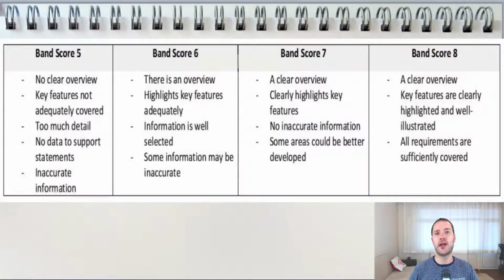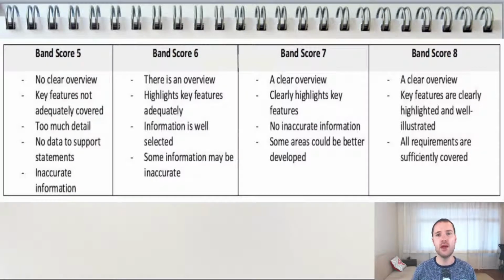So let's take a look at the requirements for each band score in task achievement. In particular, I want you to notice how often the words main features actually appear in this criteria.